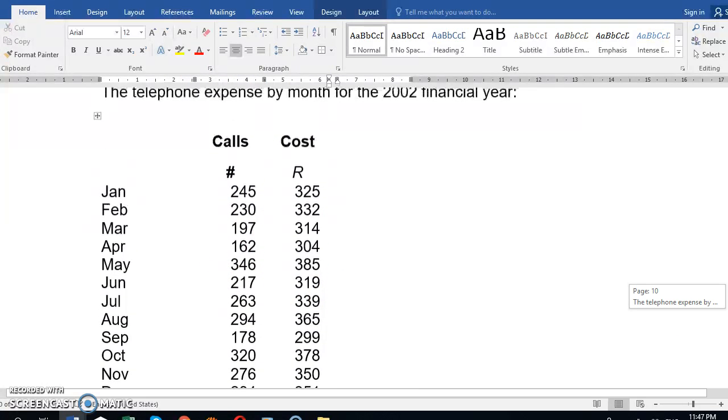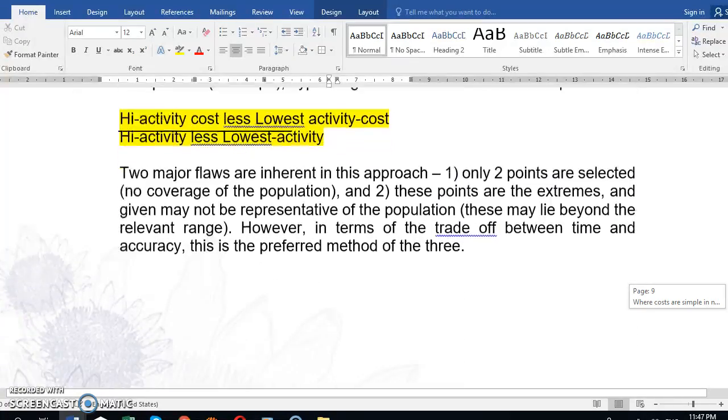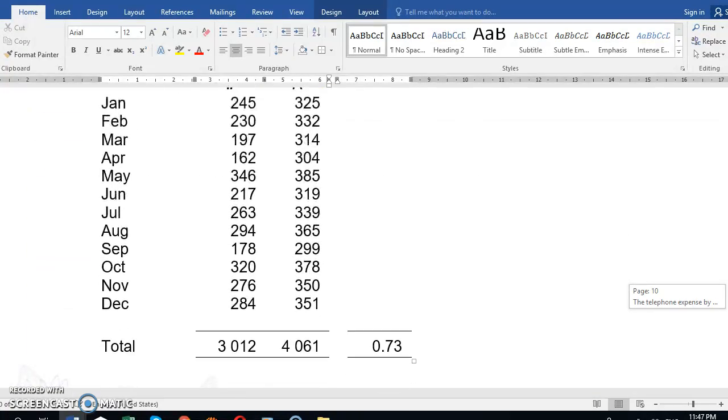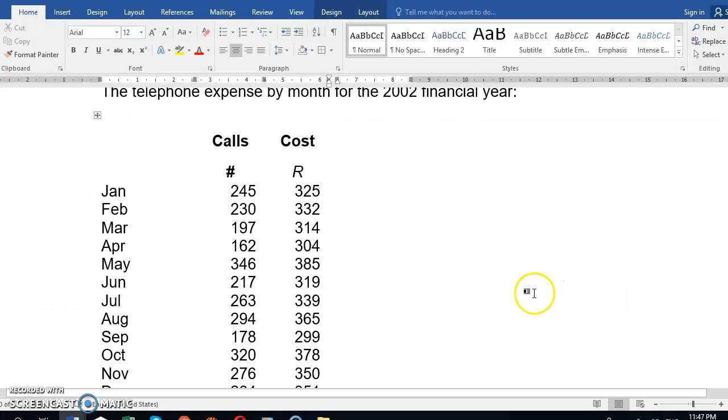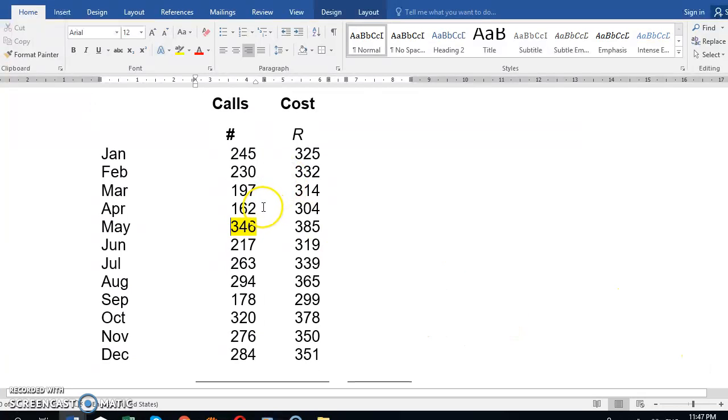So the high-low method works as follows. We have to find the highest activity and the lowest activity. The activity in this case is the calls. If you have a look here, the highest activity is 346 calls, and the lowest activity is 162 calls. The corresponding costs would be 385 and 304.